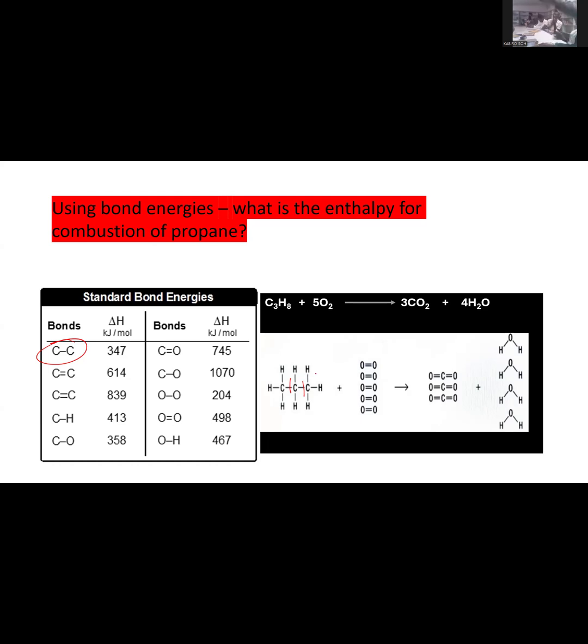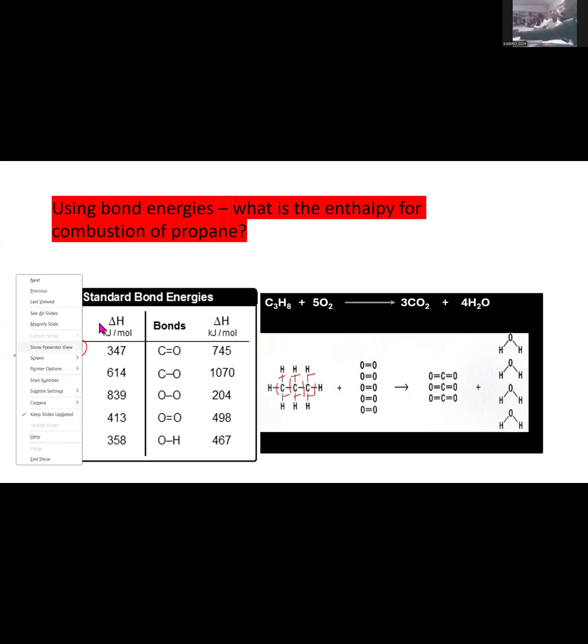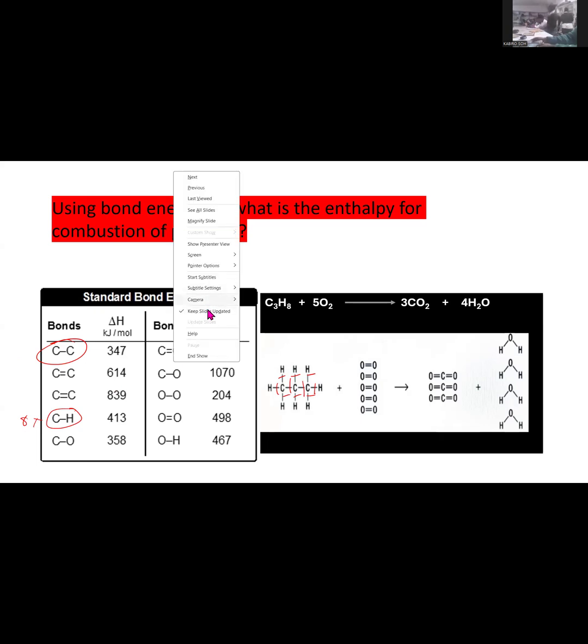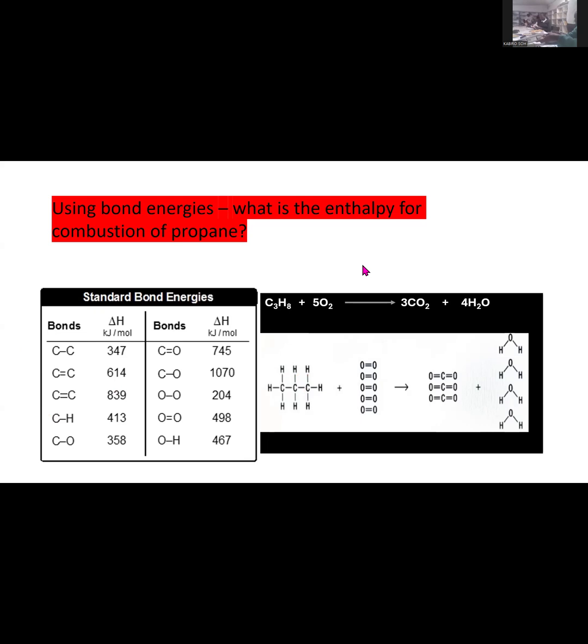I'm going to break 1, 2, 3, 4, 5, 6, 7, 8 of these. Do you see what I'm doing? Okay. So let's see if you can do it. It's quite painstaking. You have to be careful that you get it all right, but basically that's how you do it.